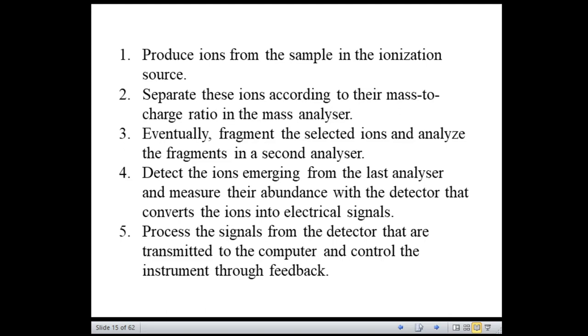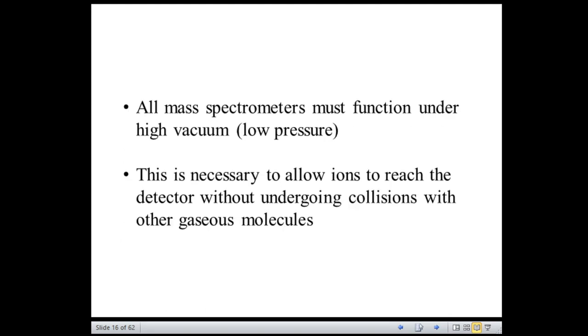So typically a mass spectrometer should always perform the functions that are given in this slide: produce ions, separate ions, fragment ions, detect the ions, and a good readable spectral format should be produced.